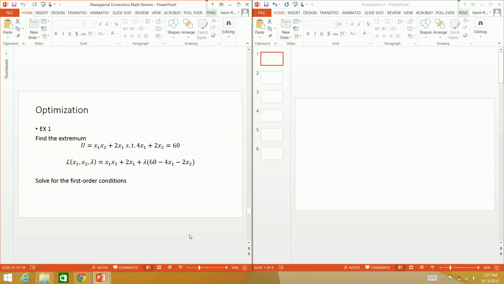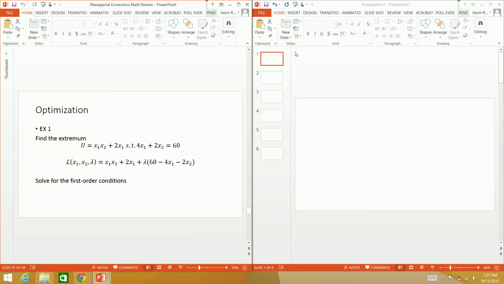We talked about steps in class, and we're going to follow those steps to some degree. Here we're faced with a specific function, x1 times x2 plus 2x1, and we're subject to, that's our constraint, 4x1 plus 2x2 is equal to 60. What we're going to do in terms of this constrained optimization is form a brand new function, and that is the Lagrangian.